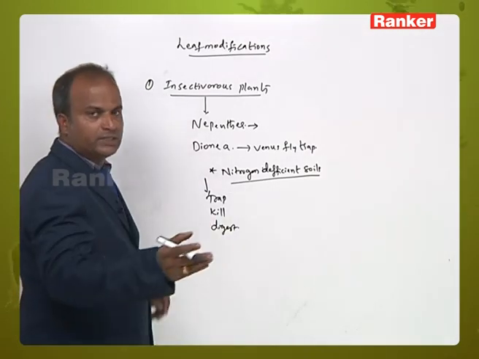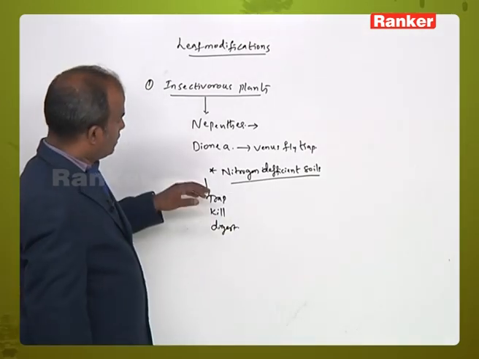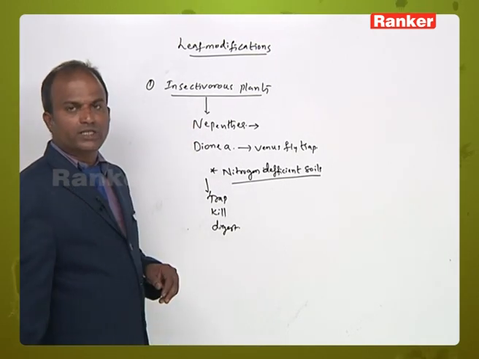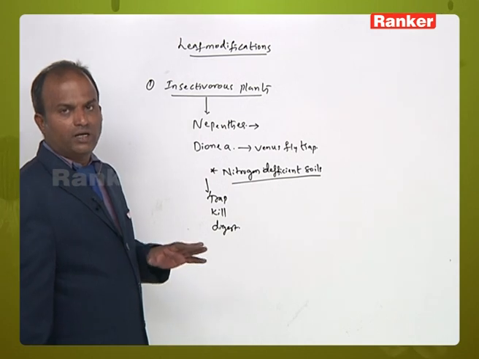From the insect proteins, nitrogen compounds are utilized by Nepenthes and Dionaea so that they can lead a perennial life.